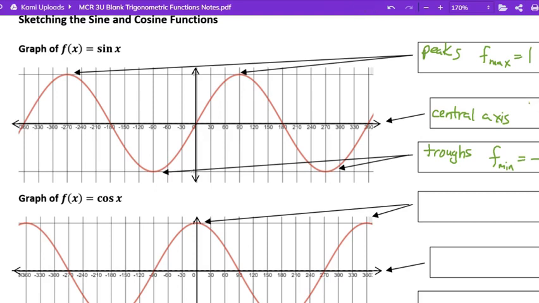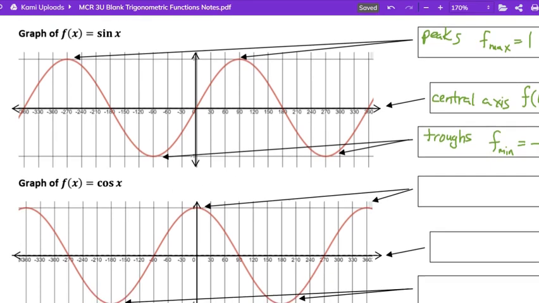And the central axis is always at f of theta equals 0. Now we can basically say the exact same thing for the cosine curve.